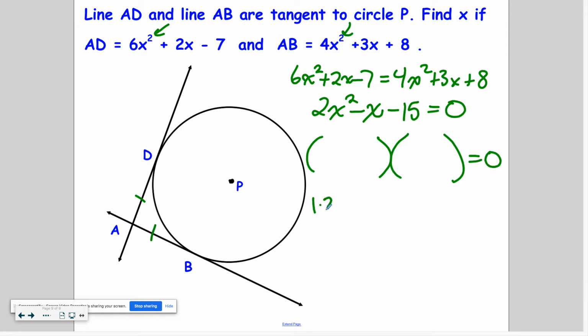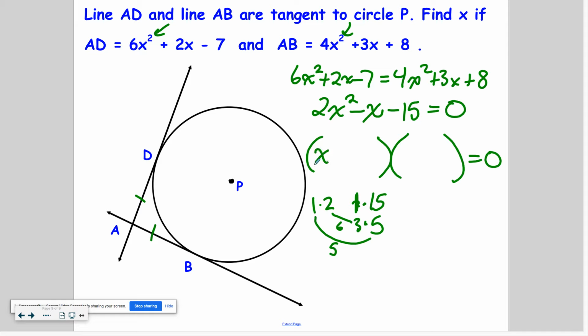We got 1 and 2. I got 1 and 15. 3 and 5. And looking for combinations that will give me a -1. So I see if I go 2 times 3, that's going to be 6. 1 times 5 is 5. So when I add those together, I'll get a 1 if I subtract them, right?